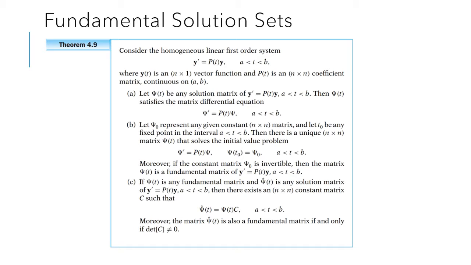Now, if psi naught is a constant matrix and t naught is some value in our open interval between a and b, then there's going to be some matrix psi of t where psi prime equals P of t multiplied by psi, and psi evaluated at t naught will be equal to that constant matrix psi naught. So this is just saying that we can establish an initial condition using that solution matrix.